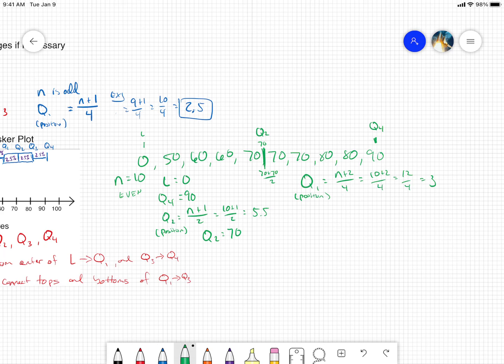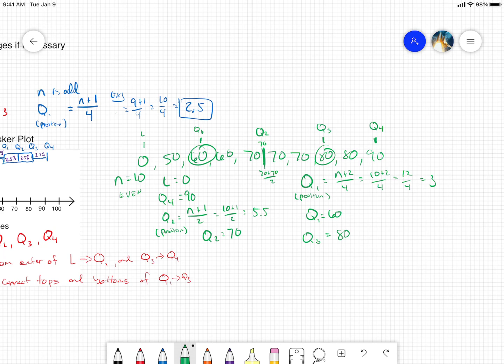So our third data point right here is Q1. And we're going to do the same thing on the other side. So Q1 is equal to 60, and Q3 is going to be equal to, from the median, I'm going to count my third one, 1, 2, 3, and this is Q3. So now I have all of my 5 points.